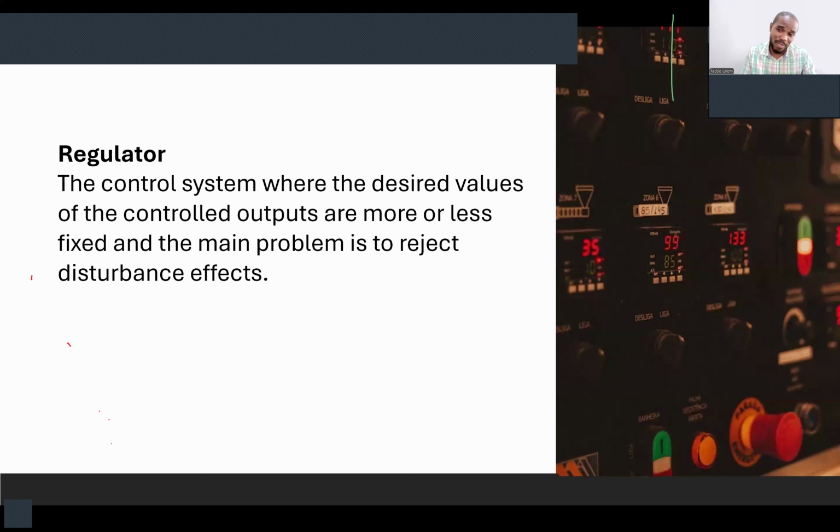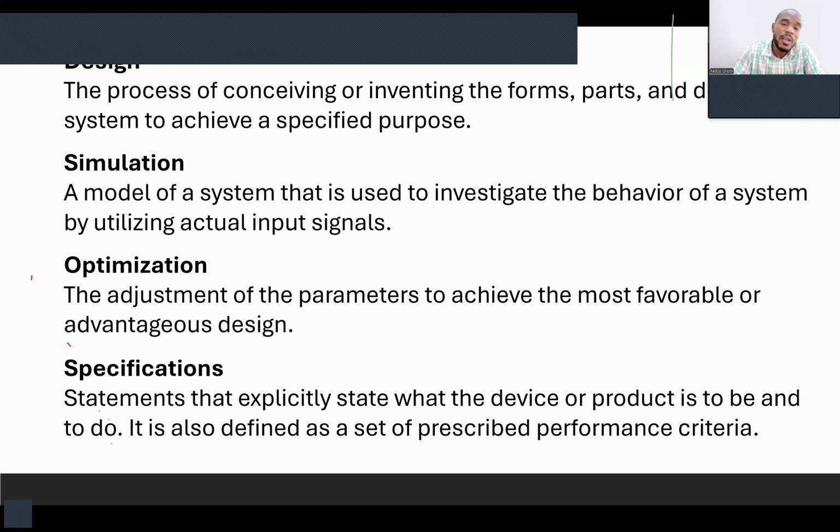But when it's stable and we now want to regulate, we do not want external disturbances to affect it. That's what we call regulators. So it's a system where the main issue is to reject the effects of disturbances.